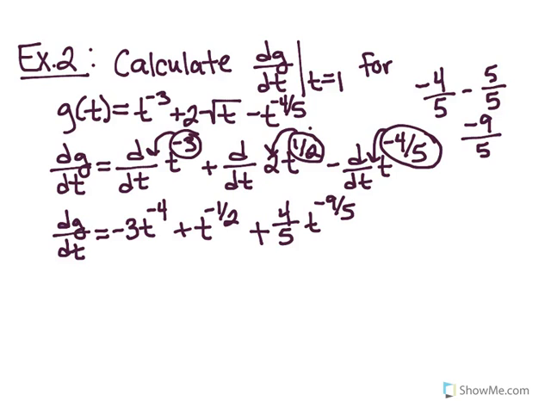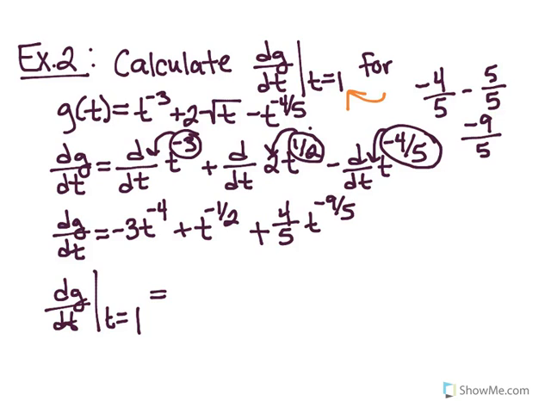So this is fine and great, but we still have to find the derivative when t is equal to 1. That's what this part right here stands for. So we do this by going like this: dg/dt when t is equal to 1 is equal to, and now we solve it out. When we plug in 1, no matter what its exponent is, it will always become 1.